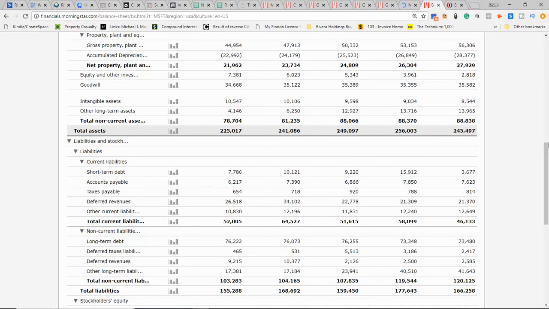So what is that? Calculating it on my phone right now. 3677 plus 73480. So that's 77,157.